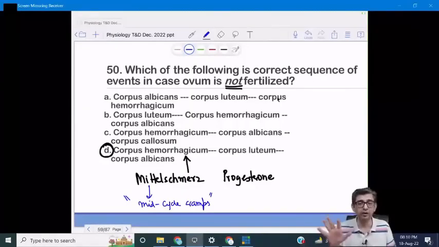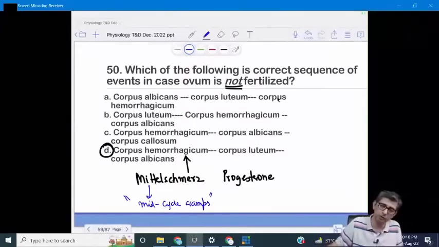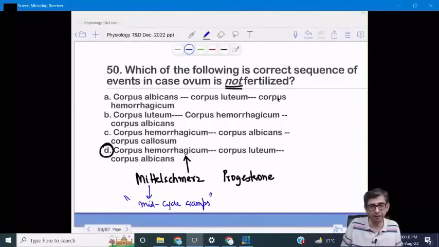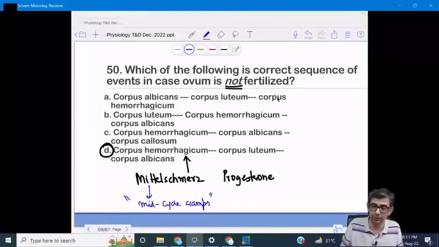Most women when they come to you will say, sir, I eat a Meftal Spas tablet and I still have these crampy pains, with respect to just 1 to 2 days before the cycle or during the cycle. But if a female comes to you and says, sir, on the 13th-14th day, mid-cycle, I am getting tummy pain, that is Mittelschmerz, that is corpus hemorrhagicum formation, which is a normal physiological response.